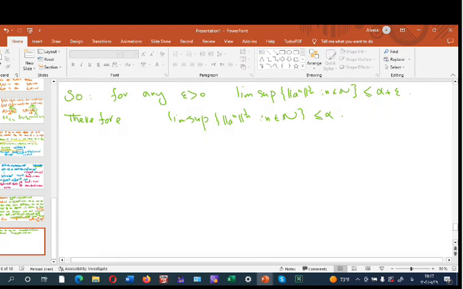This implies that, yes, if we consider alpha and the limit infimum of this set, we know that this limit infimum is less than or equal to the limit supremum, because limit infimum is always less than or equal to limit supremum.